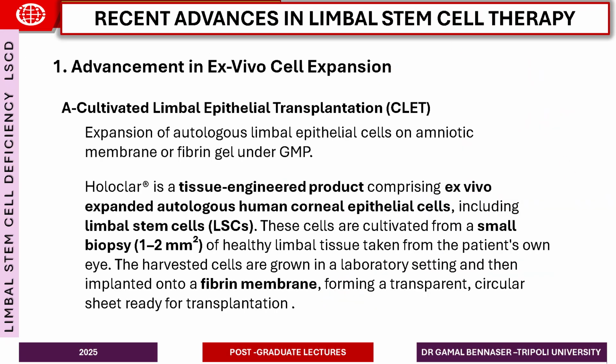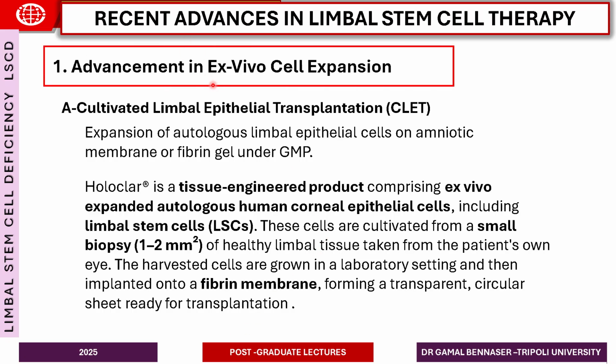The first line of advancement in the field of limbal stem cell therapy is what is known as ex vivo cell expansion. As I said before, ex vivo means that we harvest the donor limbal epithelial cells and grow them in the lab in a special culture. Then in a second stage, we transplant them back to the recipient eye.